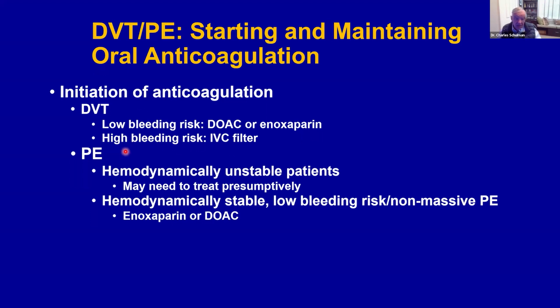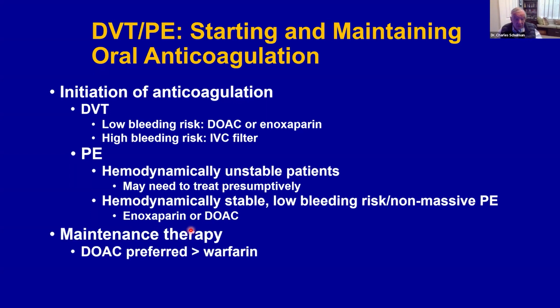For pulmonary emboli in hemodynamically unstable patients, they may need to be treated presumptively with heparin. But if the patients are hemodynamically stable and there's a low bleeding risk, either enoxaparin or beginning a DOAC, and then if the patient's on enoxaparin, transition to the DOAC. For maintenance therapy, the DOACs are preferred over warfarin.